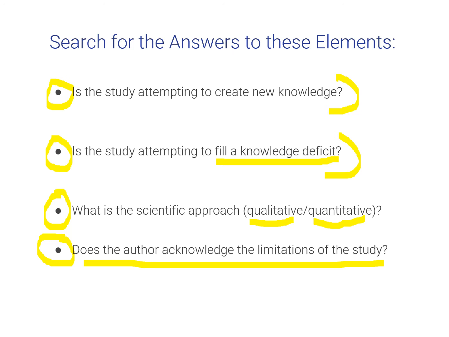This is a wonderful place to read because it tells you how far they felt their study got and what they're hoping other scientists might do in the future to further the study. So if you can answer these 4 questions, you'll have a really good grip on what's going on. You might even want to print this out and have it next to you as you're writing, just to remind you of what you need to know.